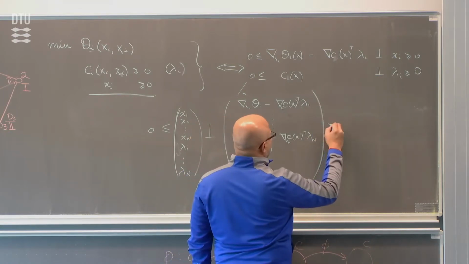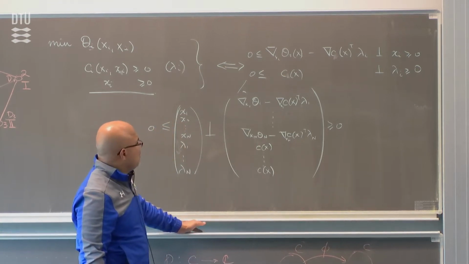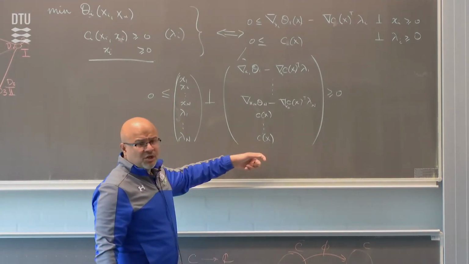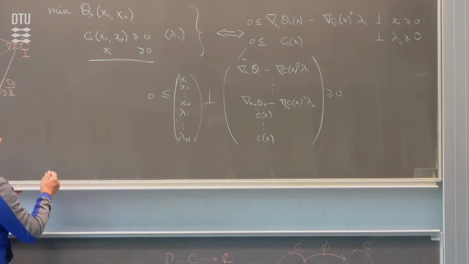Okay. Now, if you took the Jacobian of this map, here's what you get.